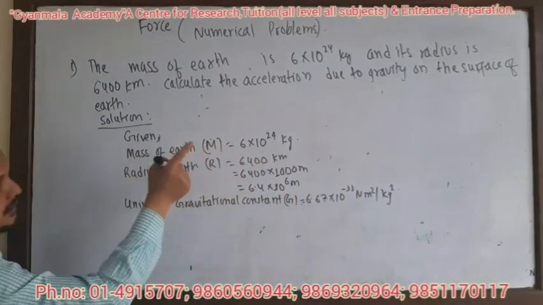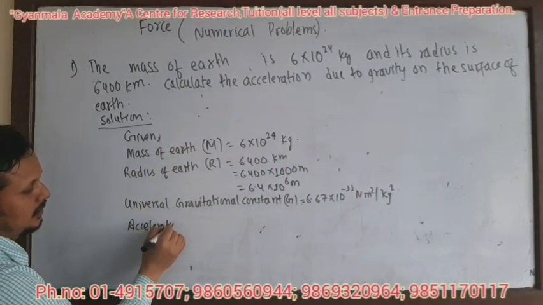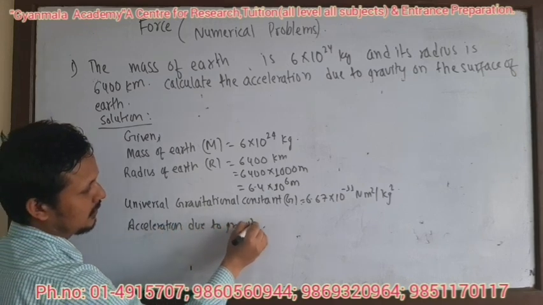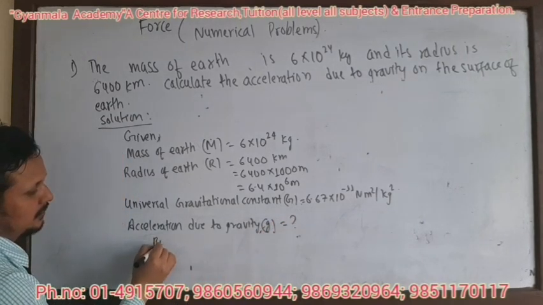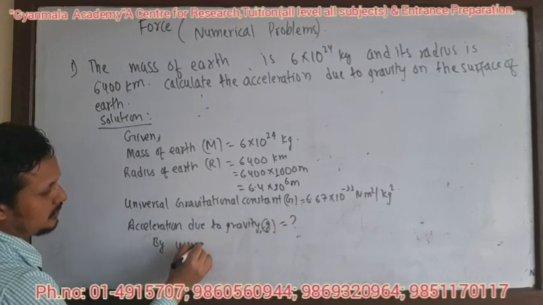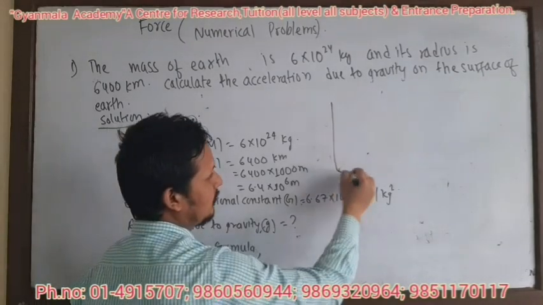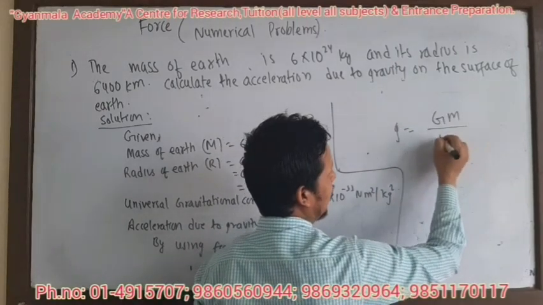Now, what is last? Acceleration due to gravity. g equals to what? By using formula, we have g equals to GM upon R square.